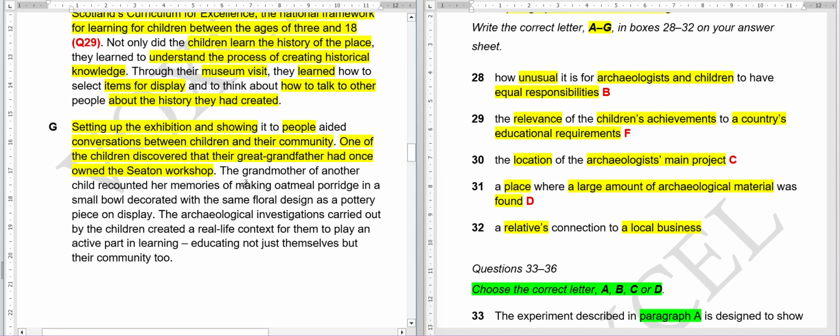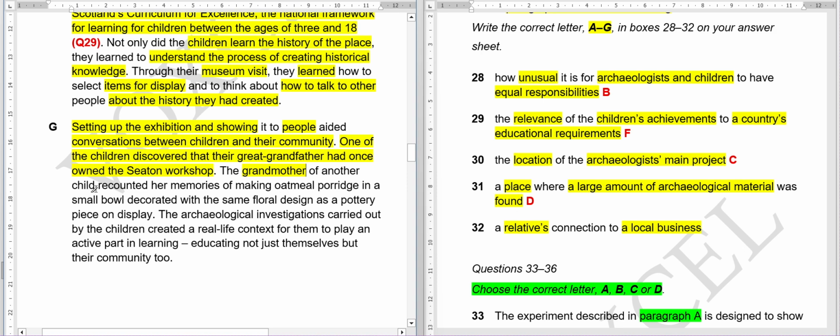The grandmother of another, so here's something about the grandmother of another child, recounted her memories of making oatmeal porridge in a small bowl decorated with the same floral design as a pottery piece on display.